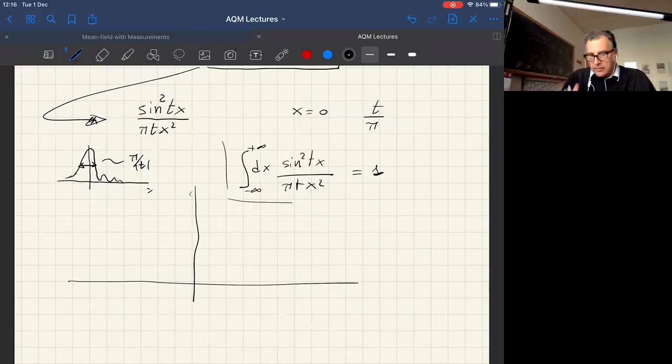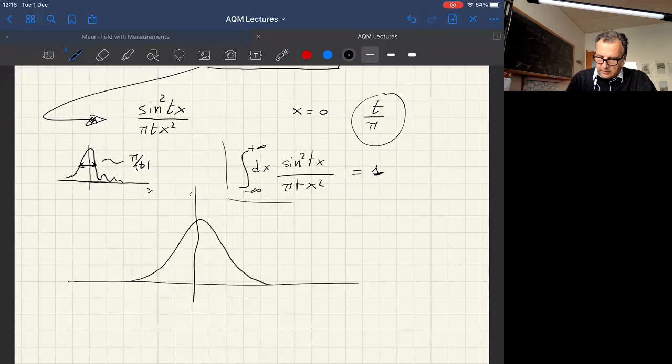Yeah, I'm just repeating this. You see the peak scales like t over π, and so I just draw it like this. There are oscillations.